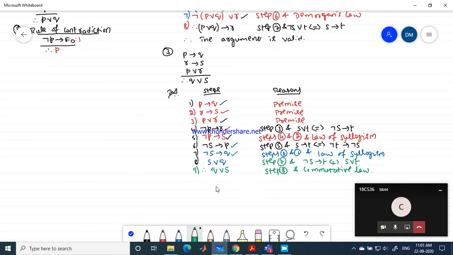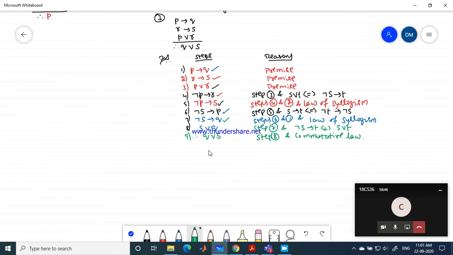Now I want you people to try this problem from your side. It works exactly similar to this one. Same number of steps, same laws you are going to use. So please try it from your side.